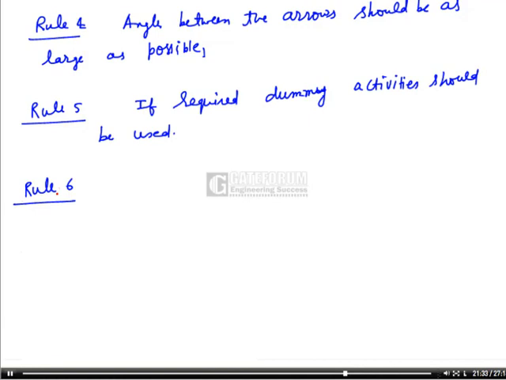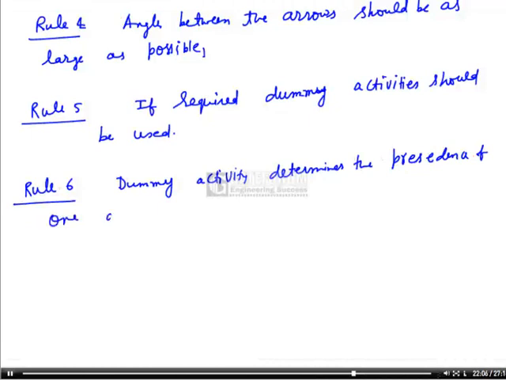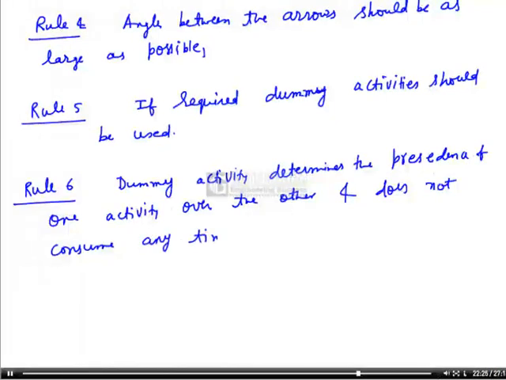That is, a dummy activity is an activity which determines the dependency of one activity over the other and does not consume any time.